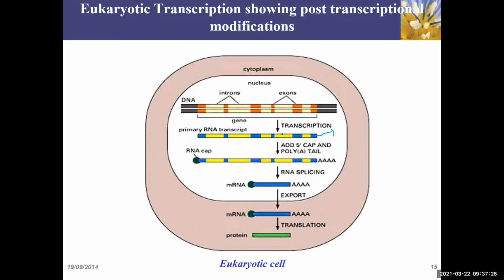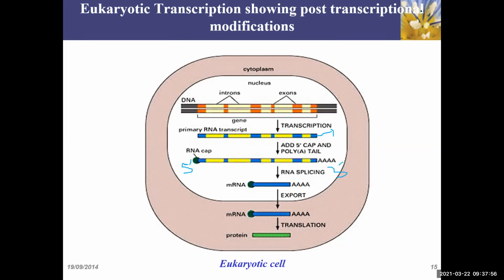So what do we do here? We do something called poly A tailing and capping, as you can see here. Remember, the question says from which end of the pre-mRNA the capping is done. Actually both the ends are capped. But if you talk about what happens at the 5' end, let's say this is the 5' end, and this is the 3' end.